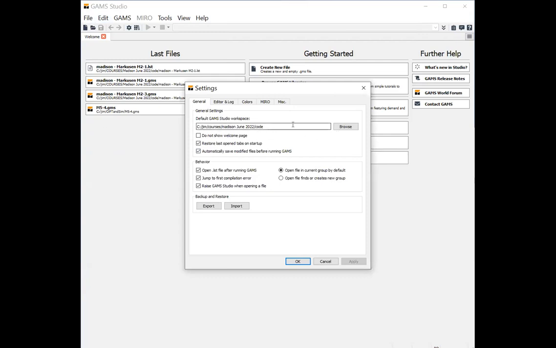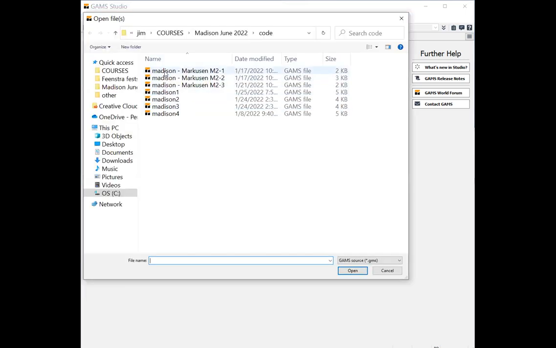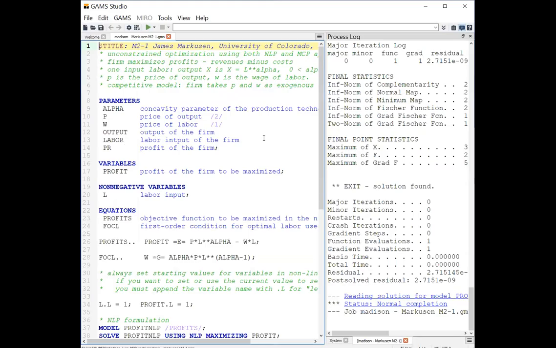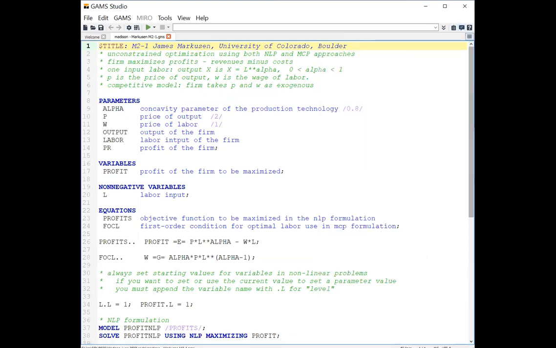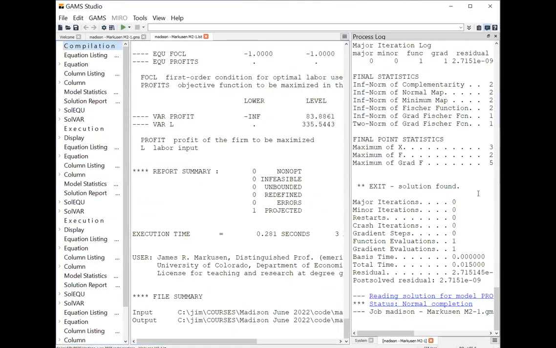Right here, I have the default directory, so if I say open a file, it will open this directory. So I say file, open, and this is the first one. So then the run button allows you to run it, and there are options about what you want to see.